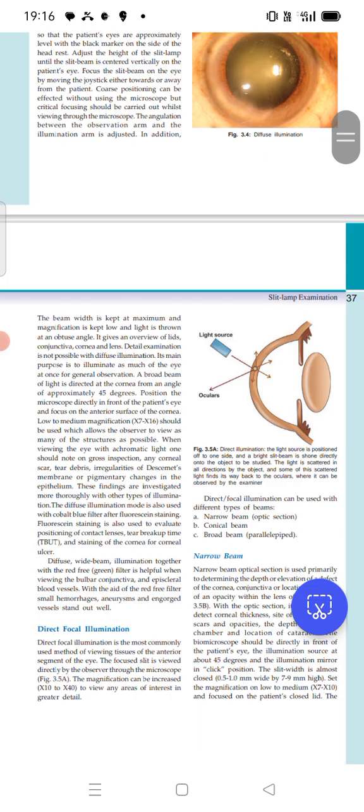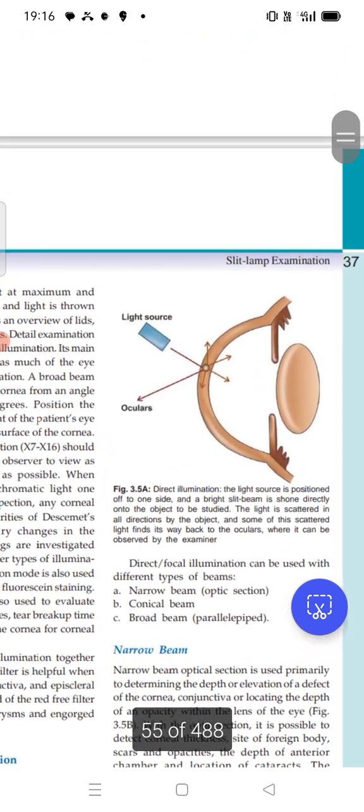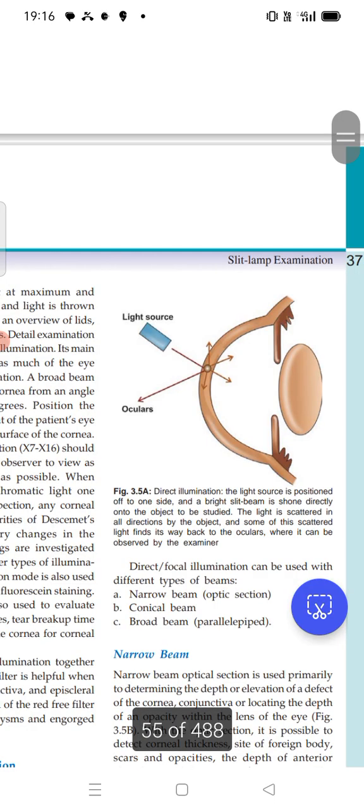Now let us come to the direct focal illumination. In the picture you can see that the light source is positioned off to one side and the bright slit beam is shone directly onto the object to be studied, for example a foreign body on the cornea.